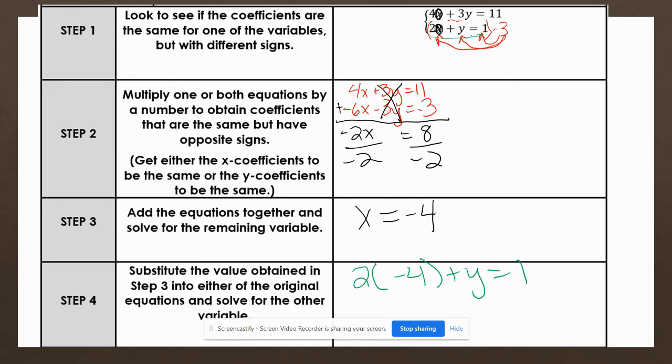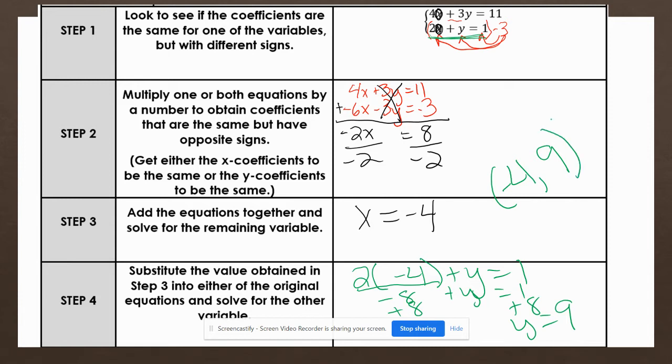Remember, I'm going back to the original, not the one that we made when we multiplied. 2 times negative 4 is negative 8. And to get y alone, I would have to add 8 to both sides and get y is equal to positive 9. So my final answer would be negative 4, positive 9 in ordered pair form. That's going to be the point where my two lines cross.